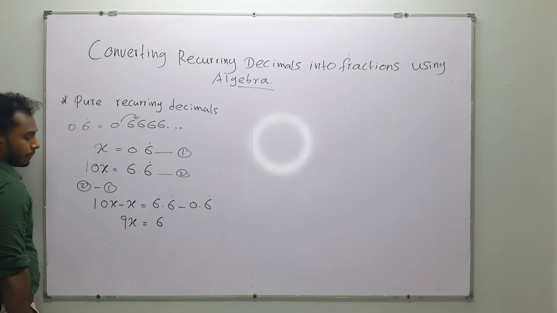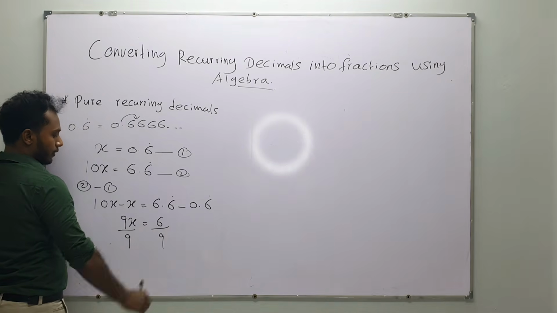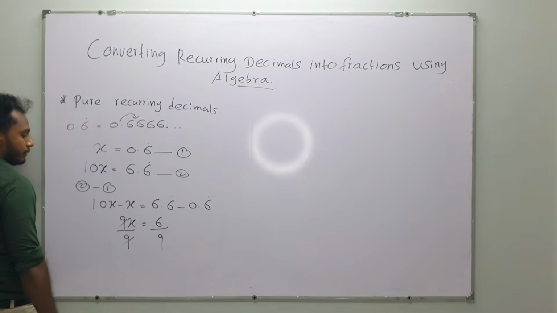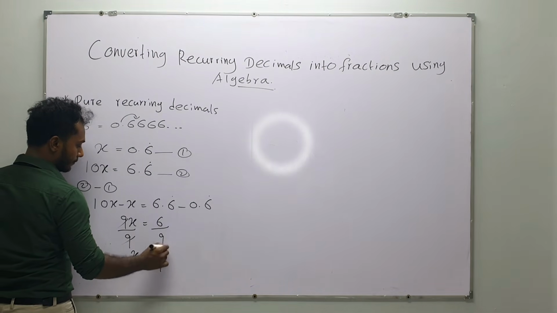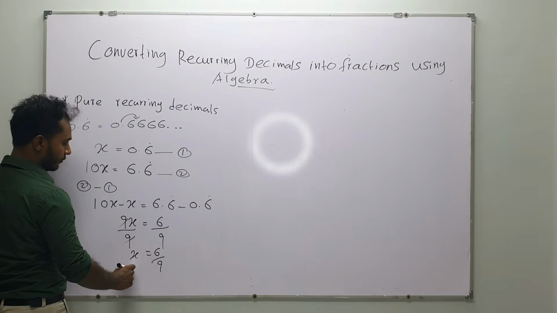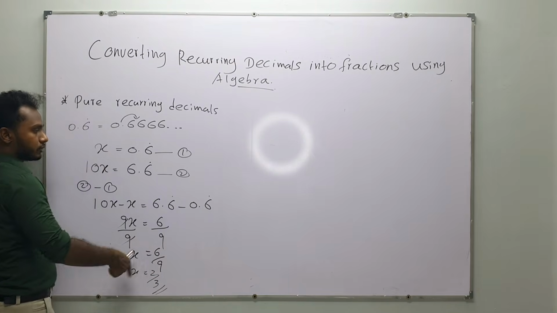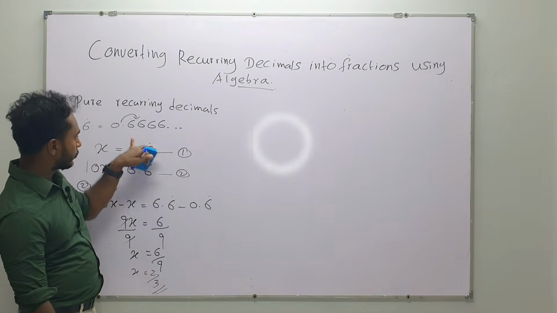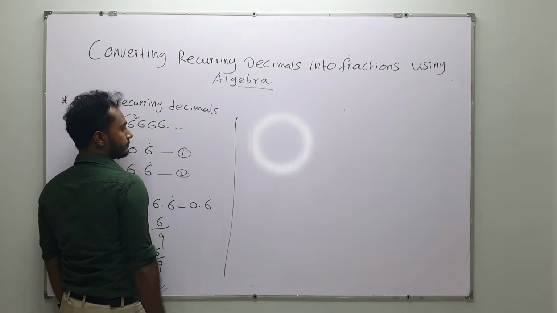Then to isolate the x, I will divide both sides by 9. Then x equals 6 over 9, or else we can simplify: x equals 2 over 3. If you use your calculator and put 2 over 3, you will see that is equal to 0.6 recurring.